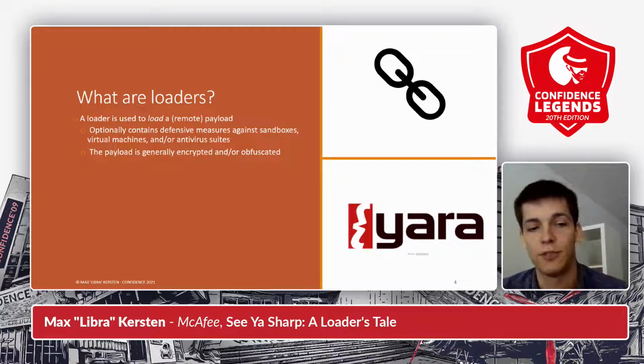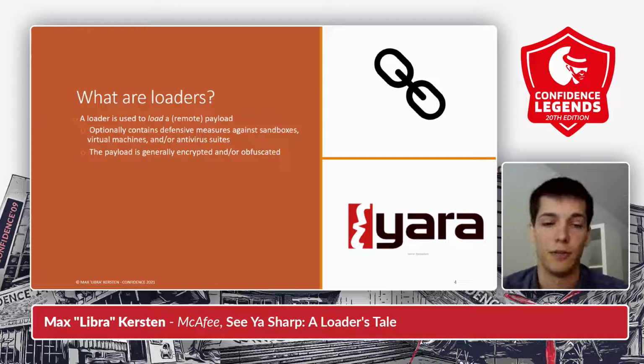And now these payloads that are within these loaders, they are generally encrypted and or obfuscated because otherwise it wouldn't make too much sense to use a loader. If you have a YARA rule for a specific family, let's say Agent Tesla, because that will become relevant later on in this talk, the rule will match the family that you're looking for.